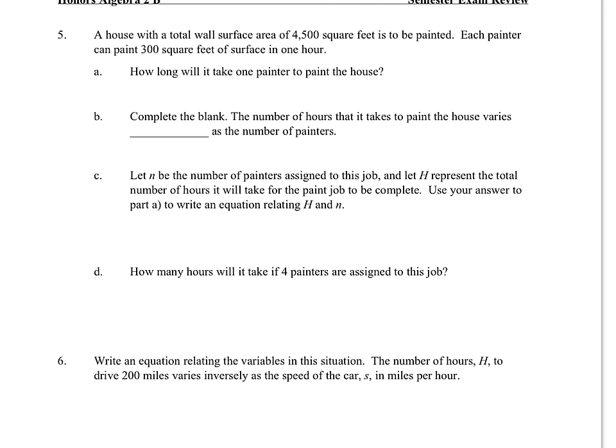Okay, so for 5a, how long will it take the one painter? Well, if it's 4,500 square feet and he can do 300 in an hour, that is going to equal 15 hours. Since we divided to find that constant, they are inversely related.